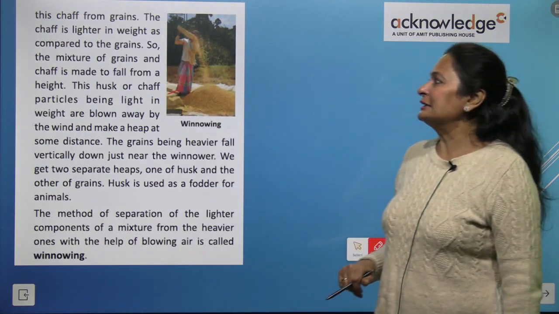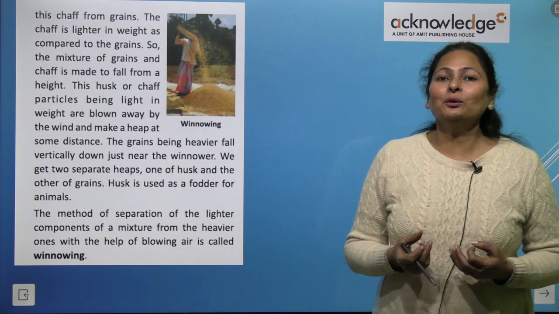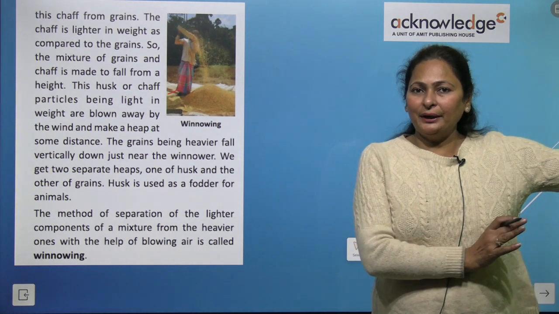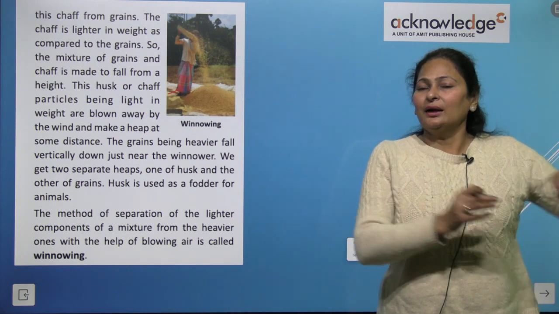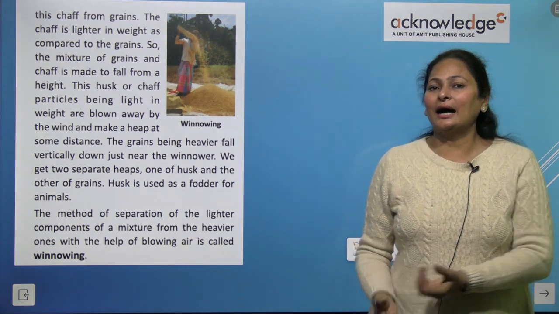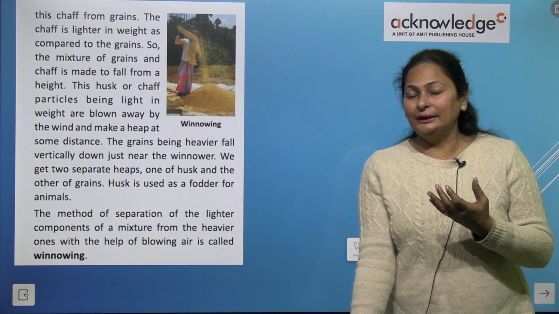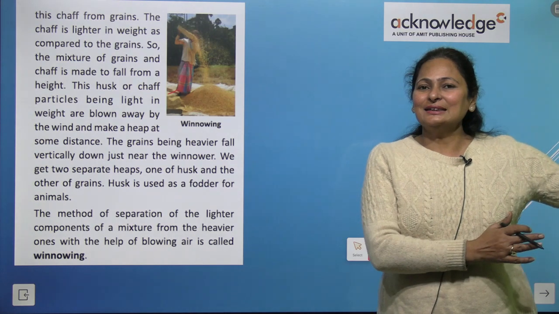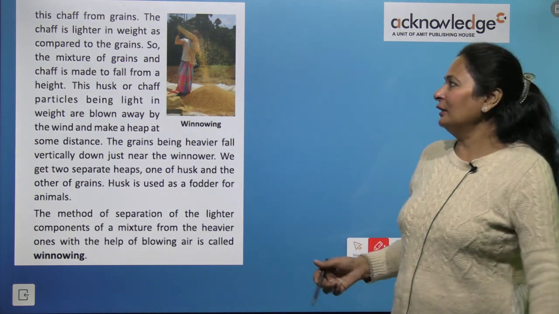The chaff is lighter in weight as compared to grains. Why is this happening? How is the chaff being separated? Because the husk is lighter in weight and the grains are heavier. That is why the grains fall down just near the winnower and the husk is blown away by the wind.